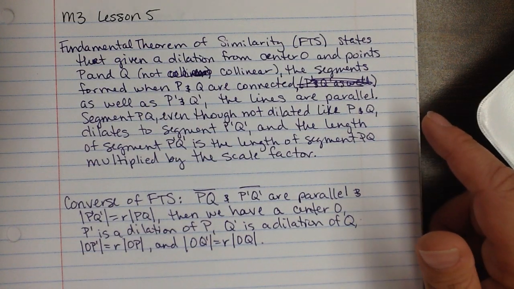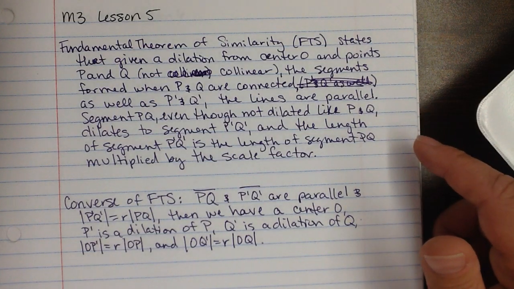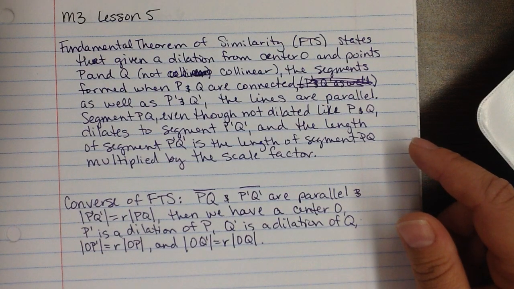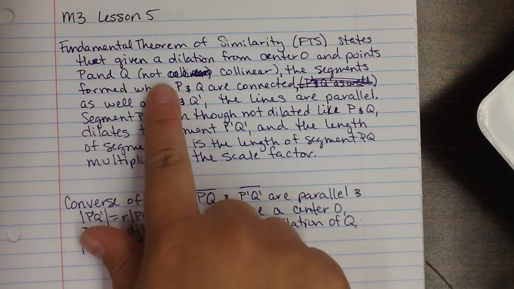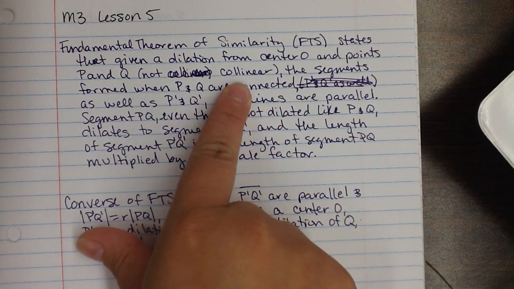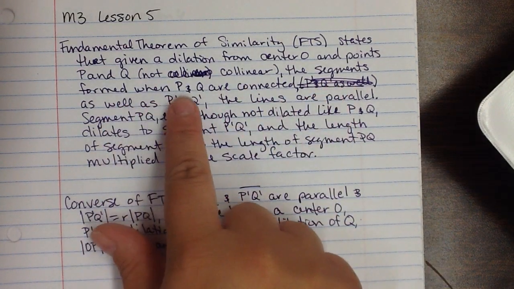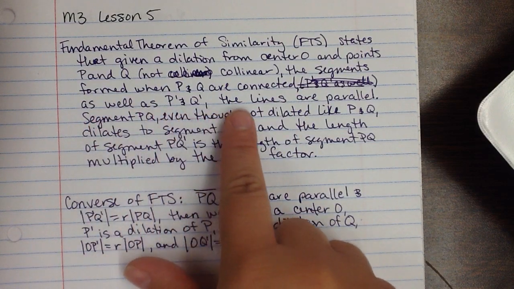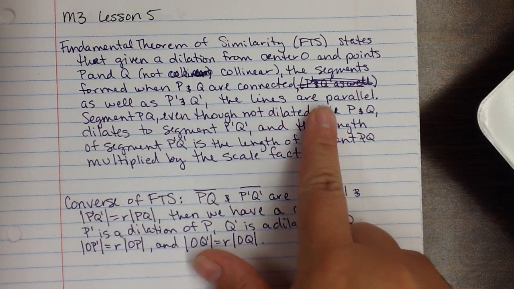The fundamental theorem of similarity states that given a dilation from center O and points P and Q, not collinear, so they're on different lines, the segments formed when P and Q are connected, as well as P prime and Q prime, the lines are parallel.